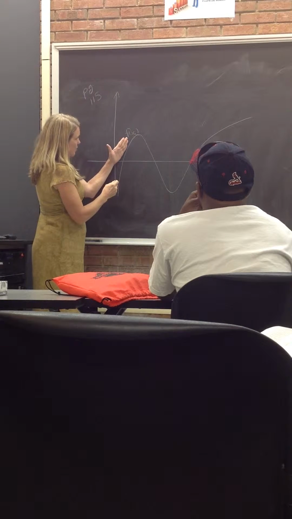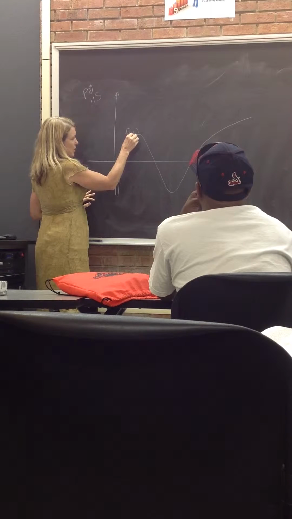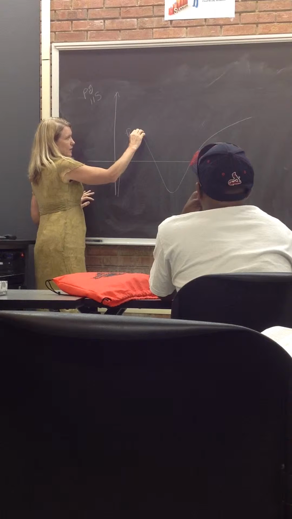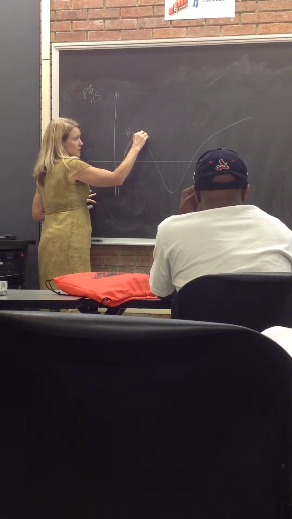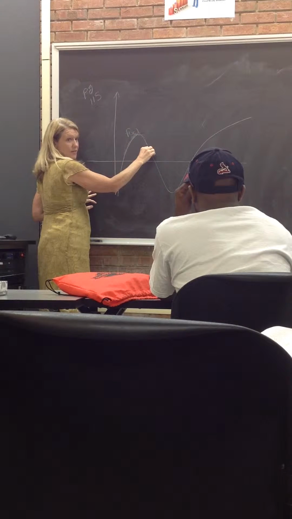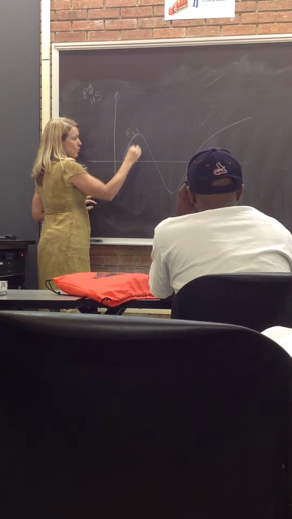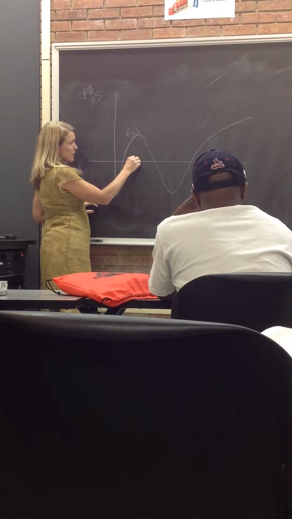As I approach that point, my slope is positive, and then it becomes a little less positive, and a little less positive, and at that exact point, it would be horizontal. And then immediately after that point, the slope's negative, and then it becomes more negative, and more negative. So the derivative at this point is 0, because the slope at that point is 0.